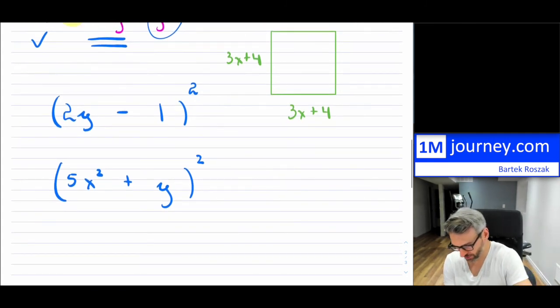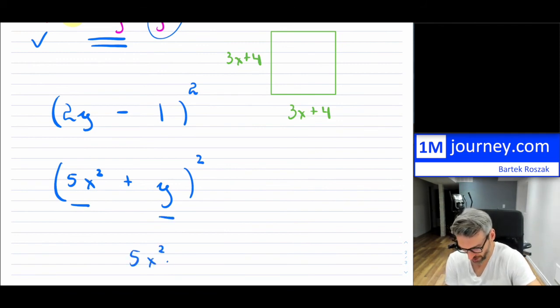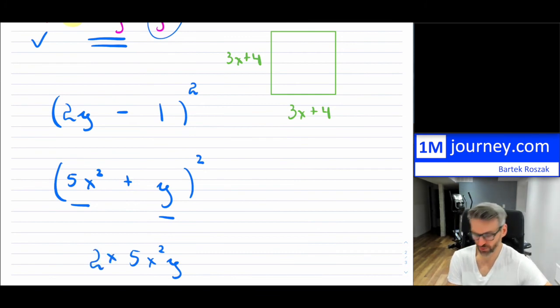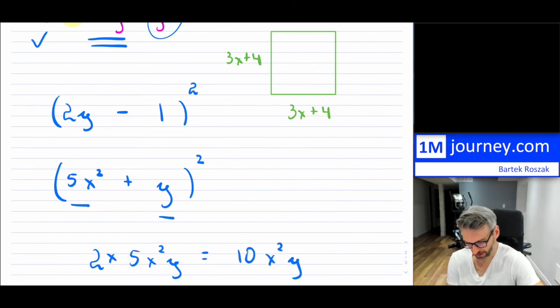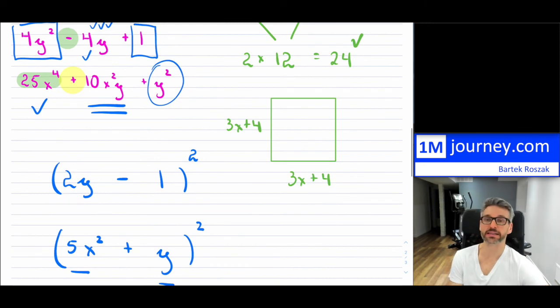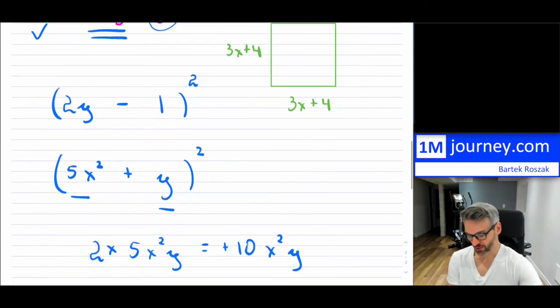And indeed, so notice if I multiply this times this, I'm going to get 5x squared y. And there's going to be 2 of them. So 2 times 5x squared y, which is just 10x squared y. And it's positive. And that is indeed the middle term. So that is the factoring out of my perfect square of that expression.